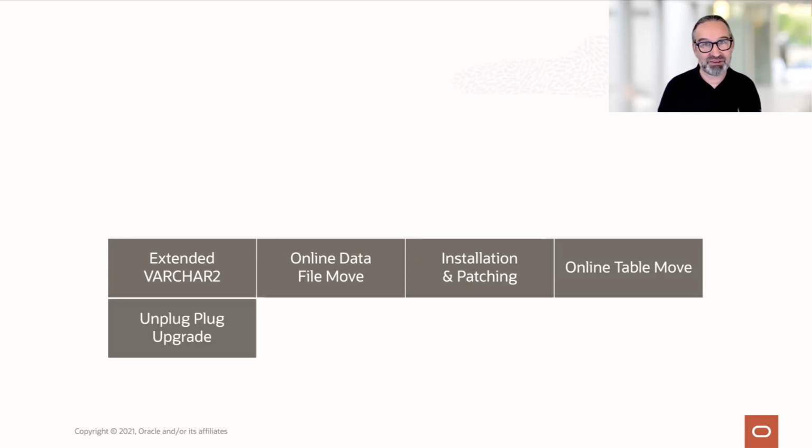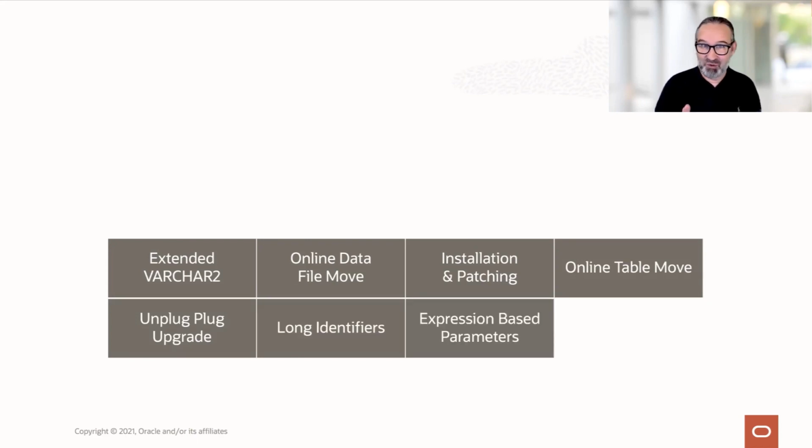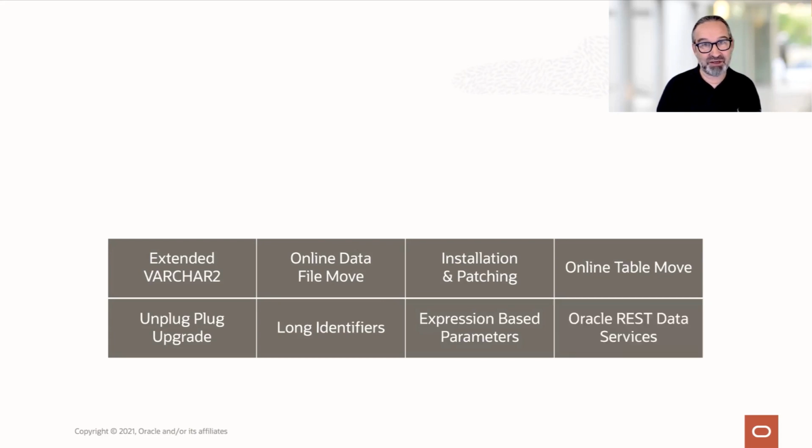Frederick gave you an introduction into unplug-plug upgrade and a deep dive. Then we spoke about long identifiers, a feature everybody will use since 12.2.0.1, which you can't turn off. Super cool 21c feature, expression-based parameters. And then Jeff Smith showed us what REST services, data services can do.